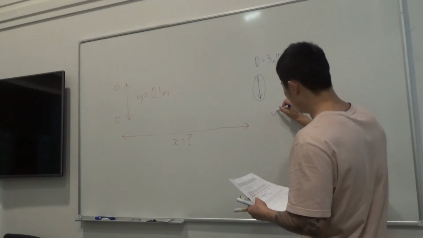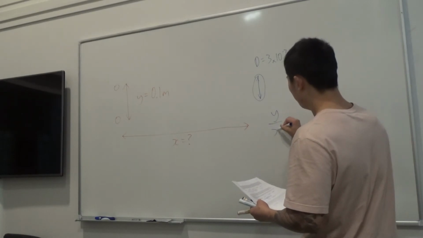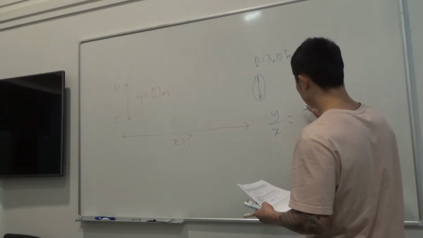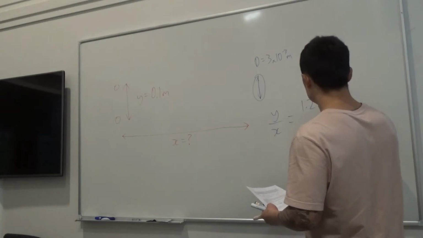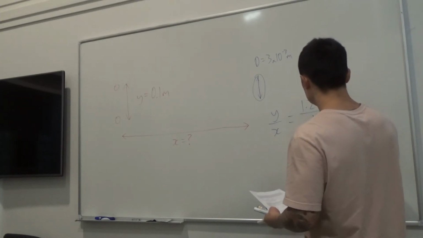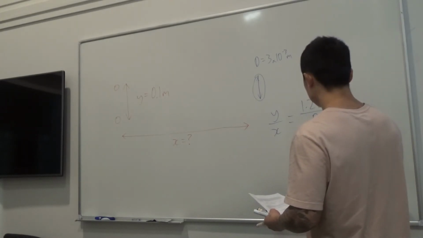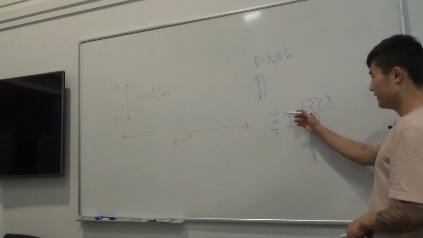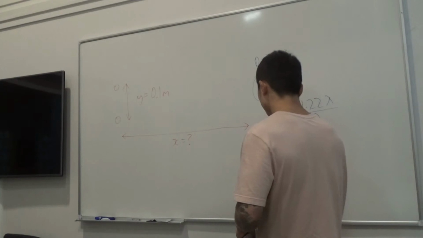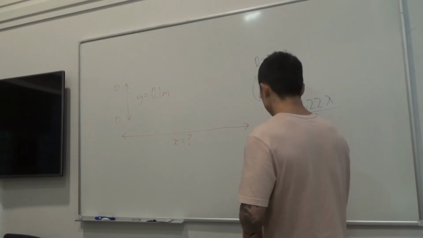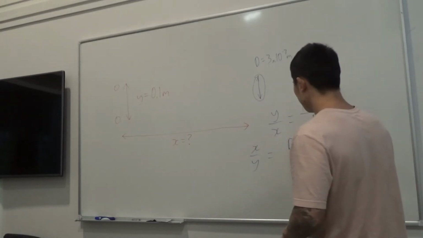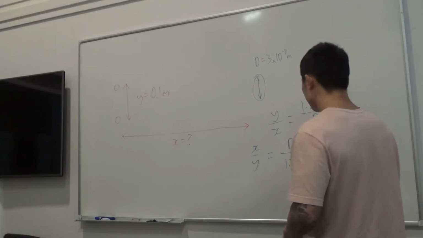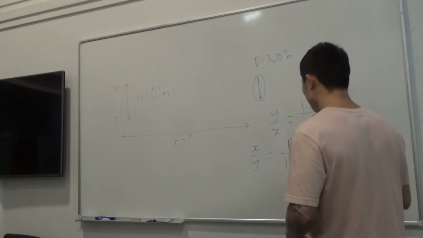So this time we want to find out x. So y over x is equal to 1.22 times the wavelength over d. We want to get x on its own, so you flip the equation. It becomes x over y is equal to d over 1.22 times the wavelength.